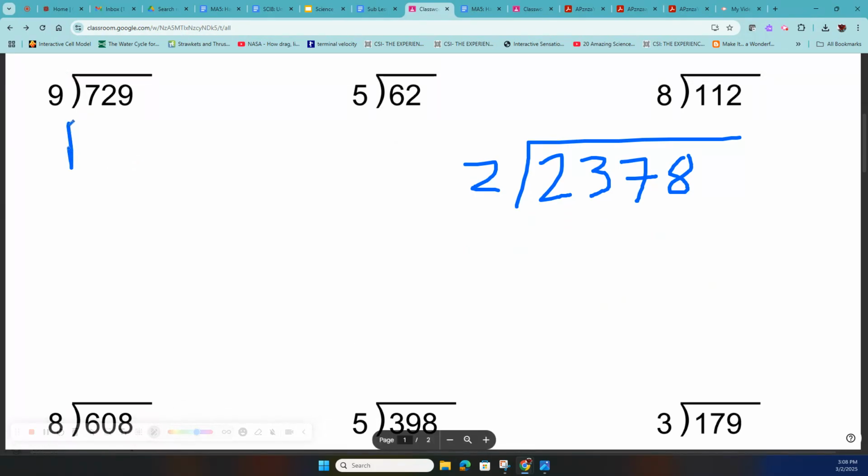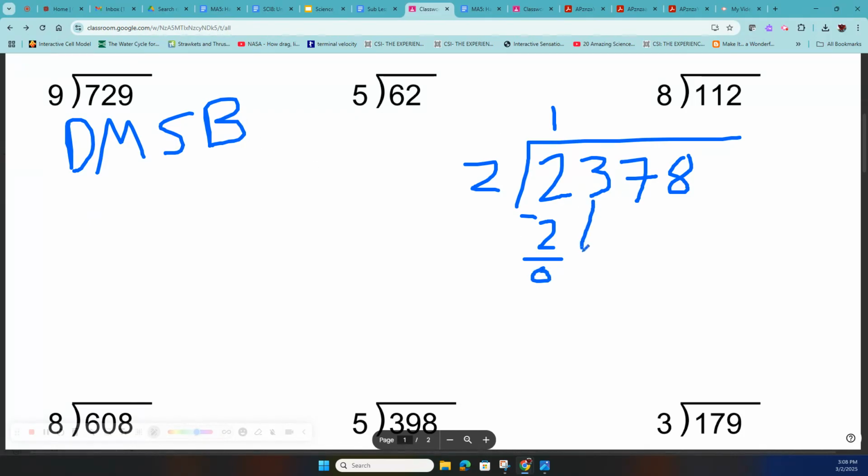So, D, M, S, B. Divide first. 2 divides into 2 once. Multiplication step. 2 times 1 is 2. Subtraction step. 2 take away 2 is 0. Bring down step.